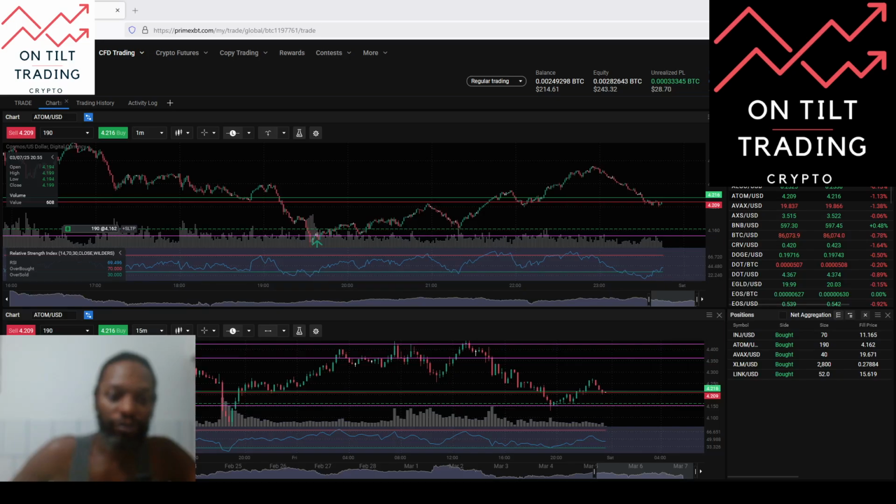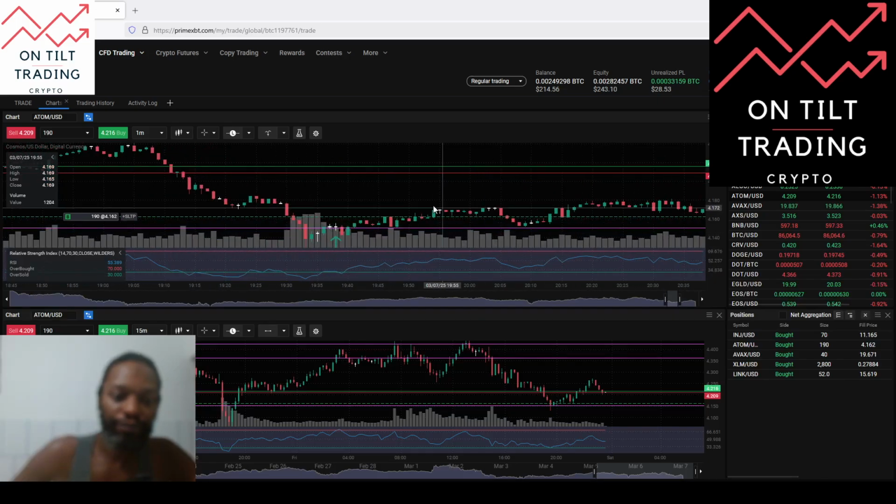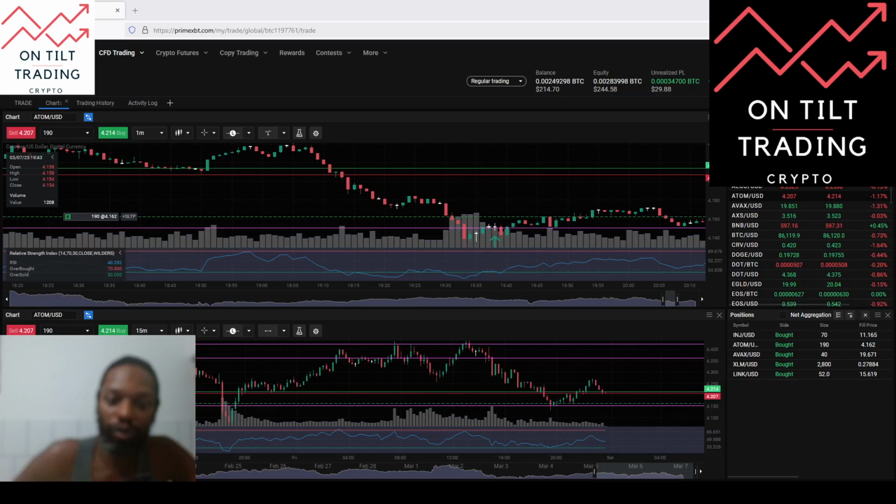So I took my entry here. We'll zoom in for more detail. What I liked about this trade is 3 things. Number one, on the RSI, the relative strength index, we're oversold.